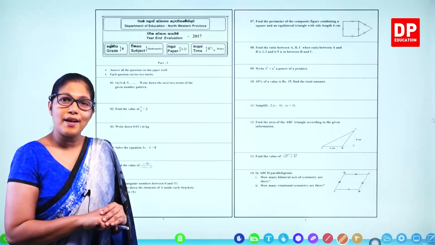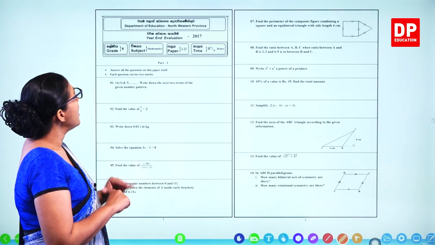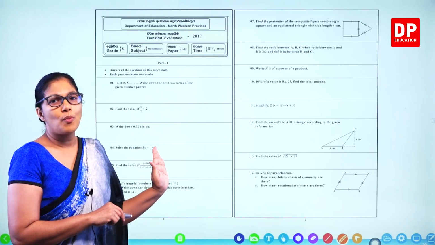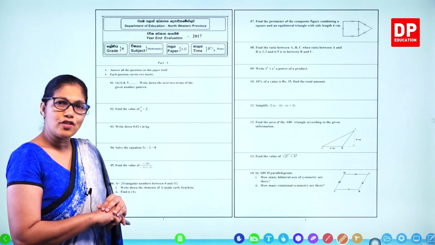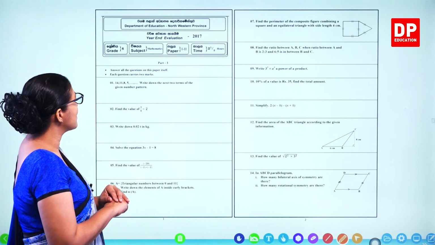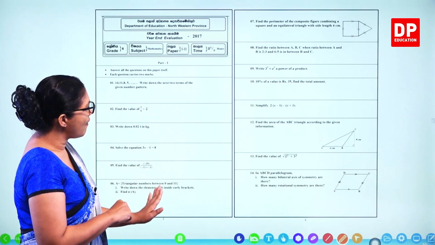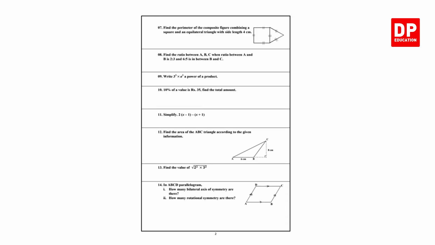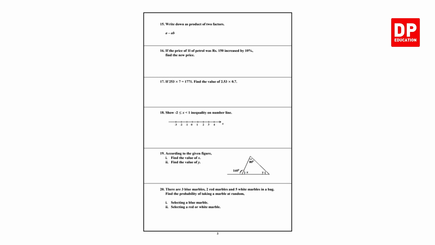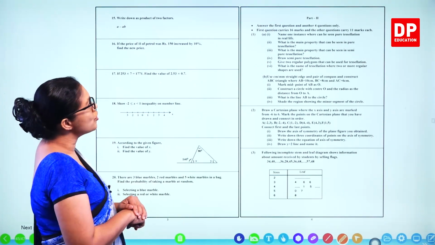You get 2.5 hours and two parts are there, part 1 and part 2. Part 1, 20 short questions. Each question you get 2 marks and the spaces are provided. In the first page you get questions 1 to 6, then 7 to 14, 15 to 20. Then you get part 2.